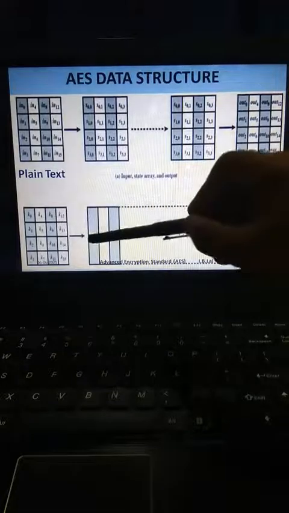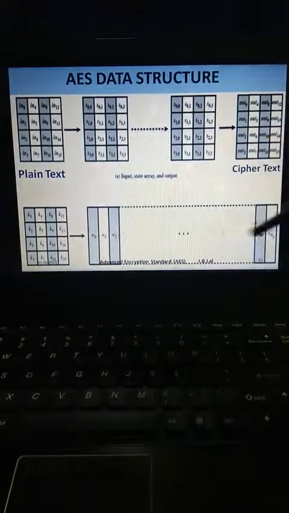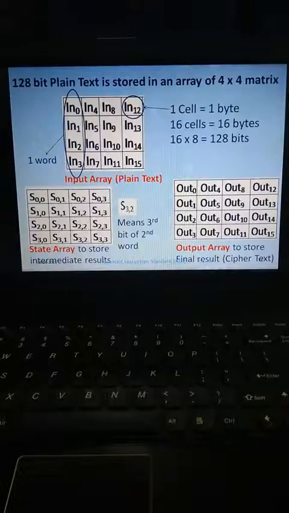W43 because here the word numbering starts with W0. So there are 44 subkeys. Now we can understand this well in this figure.